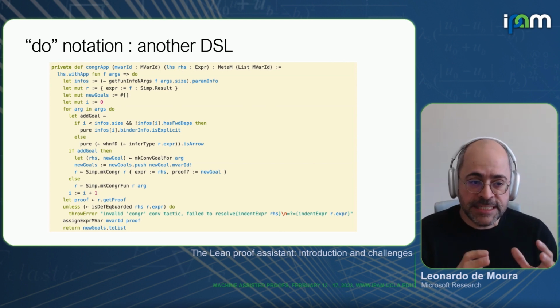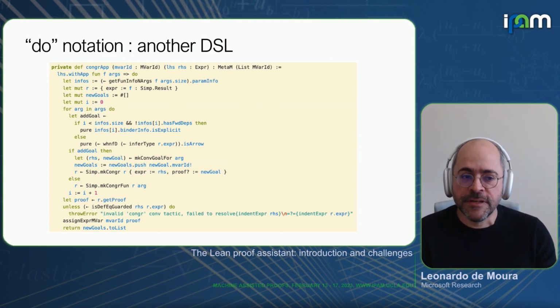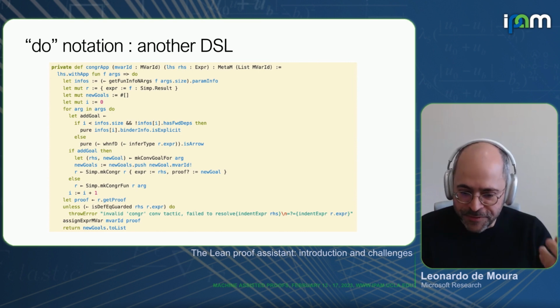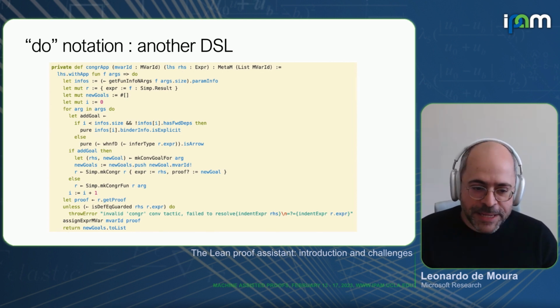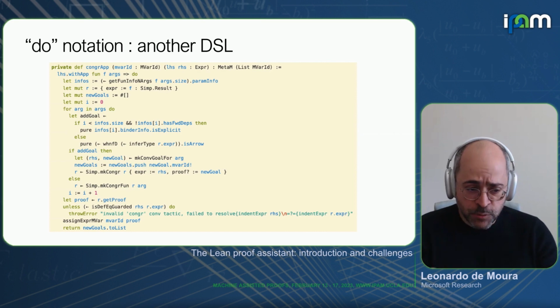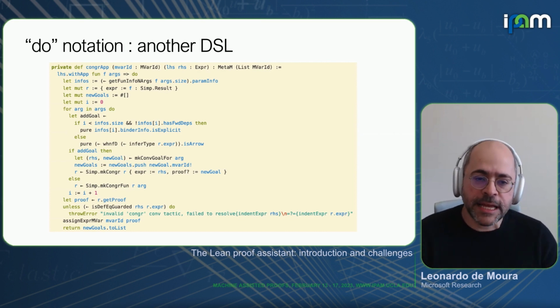That's the message. This is building a congruence proof. We have a simplifier in Lean. We create congruence proofs where, when you have f of x equals f of y, if x equals y, you want to create a proof that f of x equals f of y. This code works if you have an arbitrary number of arguments, and was written in Lean using this do notation.